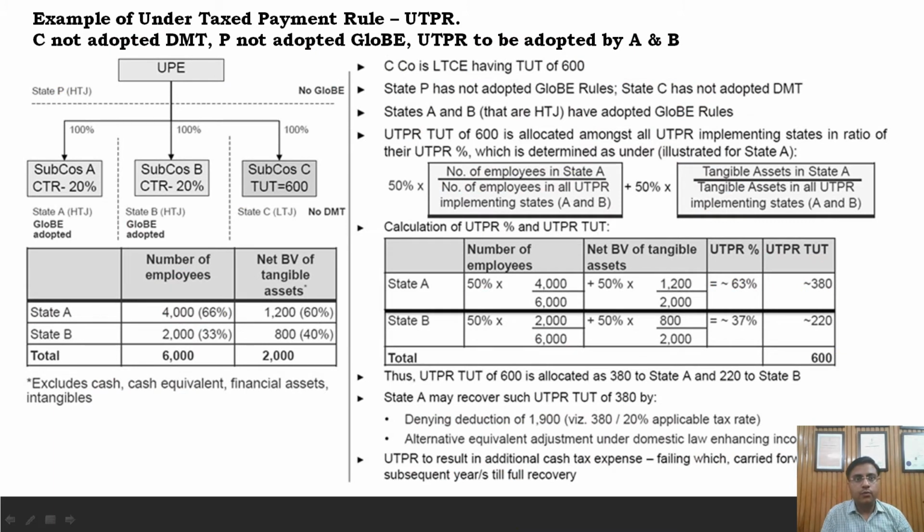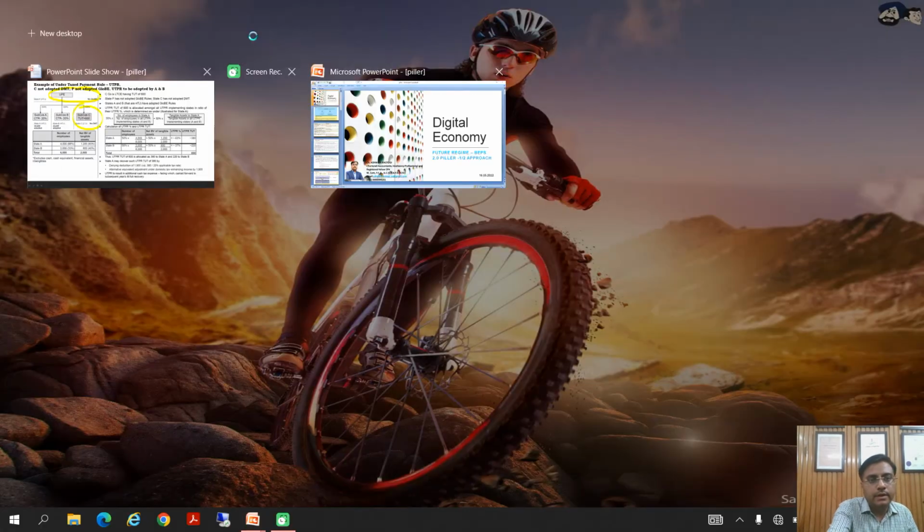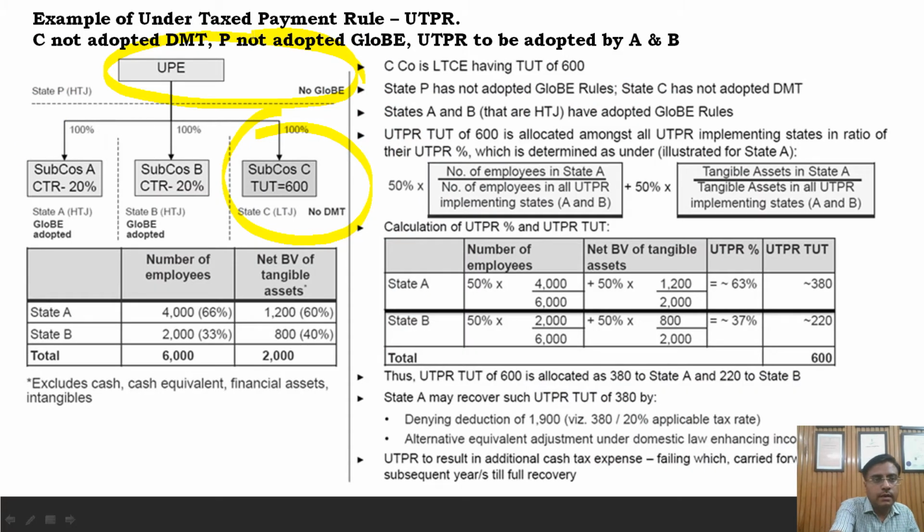Now we understand what the UTPR is. Under the undertaxed payment rule, suppose the UAE does not levy a DMT, and India has also not adopted the global rule, then what will happen? This company needs to levy the UTPR. So in this example, high tax jurisdictions will have adopted the global rule.